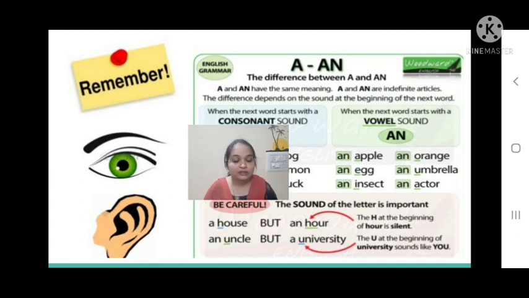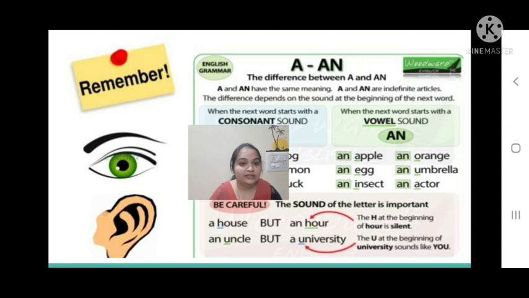So where should you be careful? What you should remember is that the sound of the letter is important, whether it is a consonant or a vowel. For example, when the word is house and the first letter is H, we use a house, because it is a consonant sound, "her house".